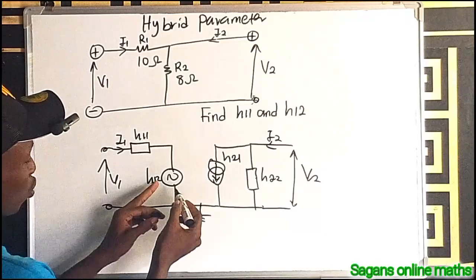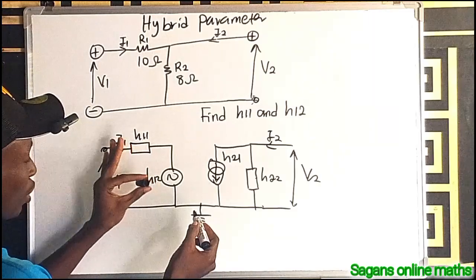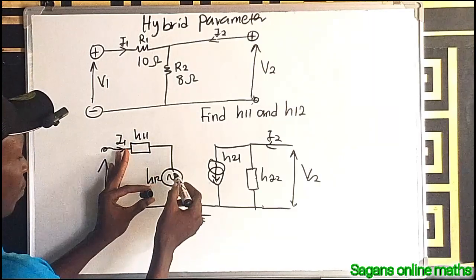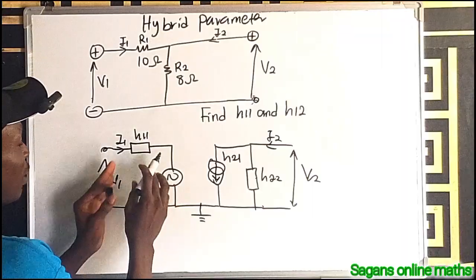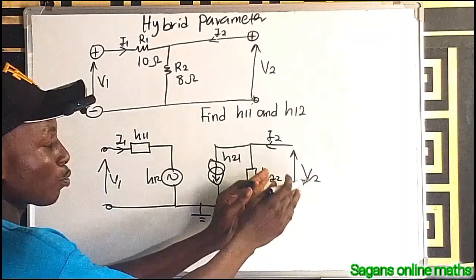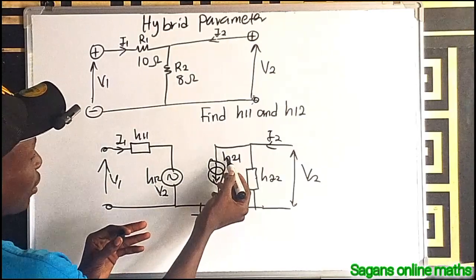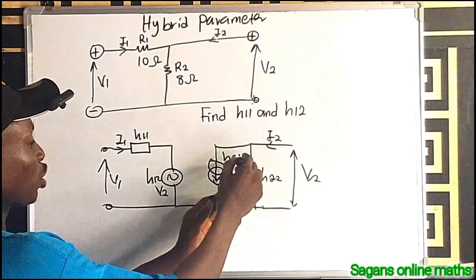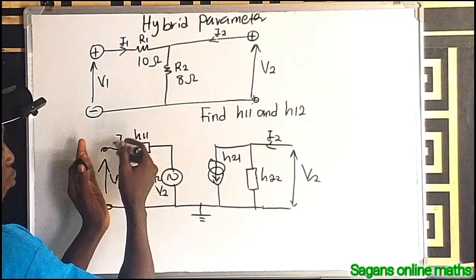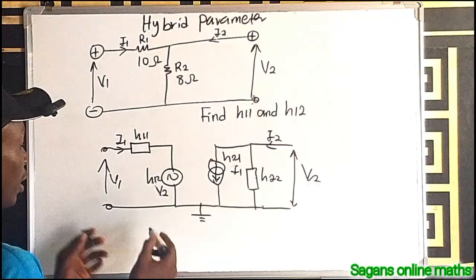This h₁₂ simply means that this is the first port of the two-port network, and the 2 means that this port is sharing a voltage with the other port. So yes, it's V2. Now observe h₂₁. This h₂ simply means that this is the second port, and the 1 means that it's sharing the current with the other port. So yes, I1.